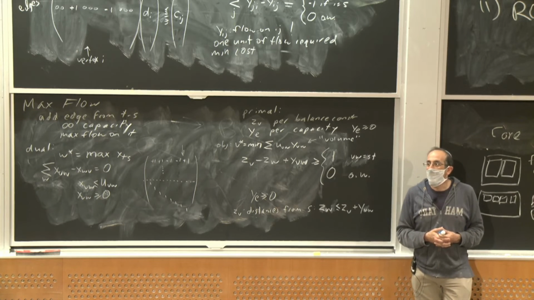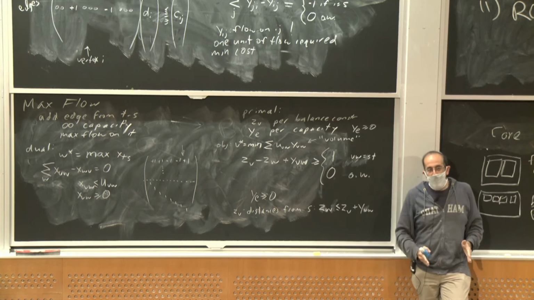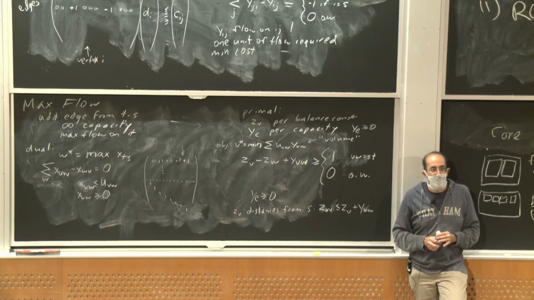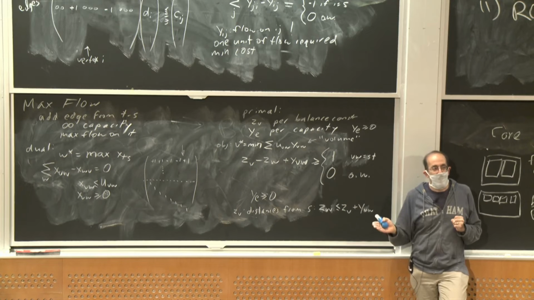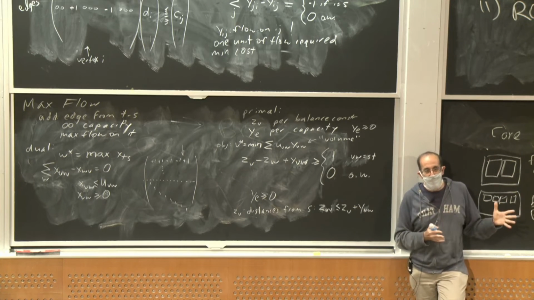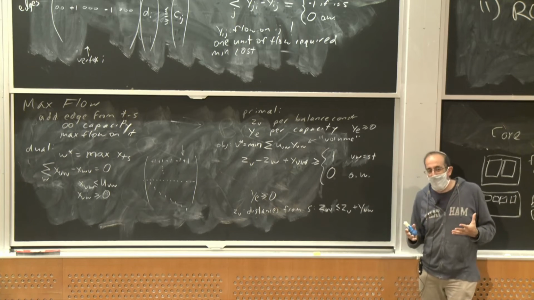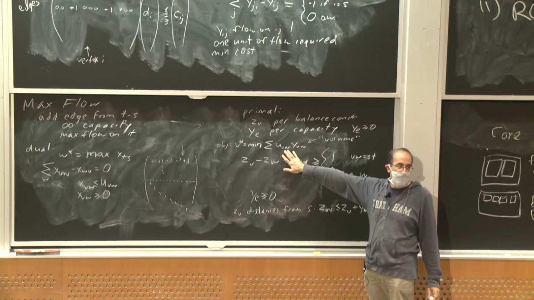Exactly. Right? So, or to reverse it, if I set YVW equal 1 on every cut edge, and then compute distances, then all the distances will be 0 on the S side and 1 on the T side, because the only way to get to the T side is by crossing the cut. Right? So every cut gives you a solution whose value is the capacity of the cut.